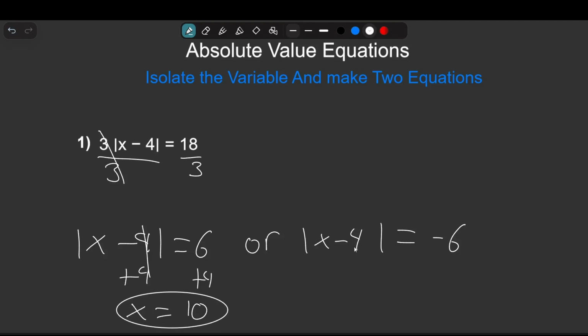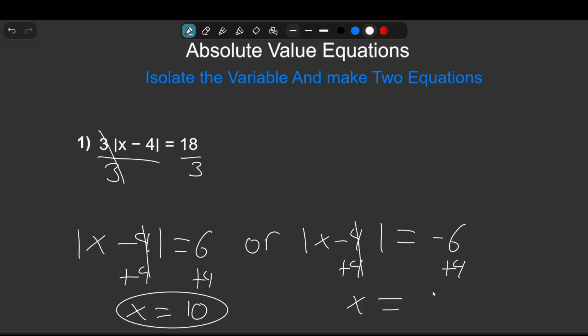For the second one, we have x minus 4 equals minus 6. To solve this, we're going to do the exact same thing. First, we're going to isolate our variable by using the inverse. So we're going to add 4 to both sides again. Minus 4 plus 4 will cancel each other out, so we are just left with our variable, which is x.